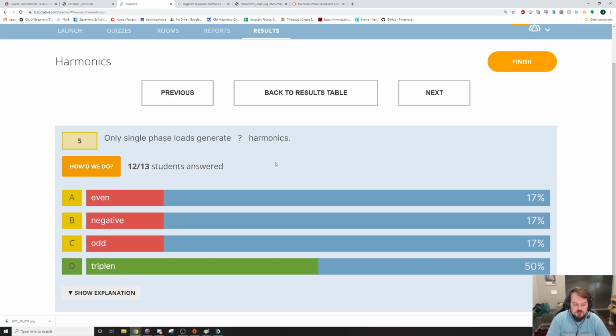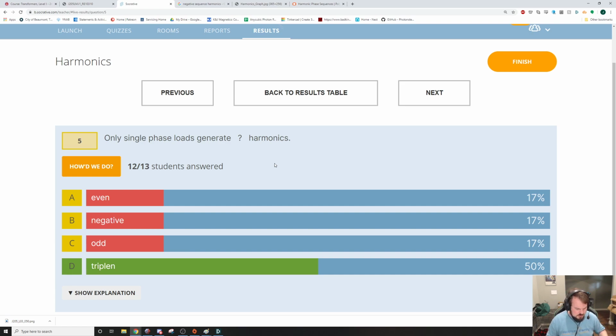Only single phase loads generate tripling harmonics. That is, if you are Fourier transform, harmonic filters. I went past the... Okay. I really passed it up. Nonlinear loads, power factor, I don't know.